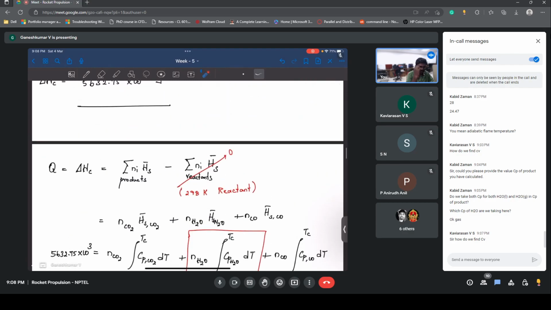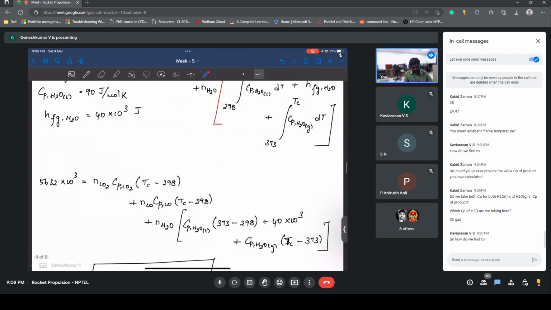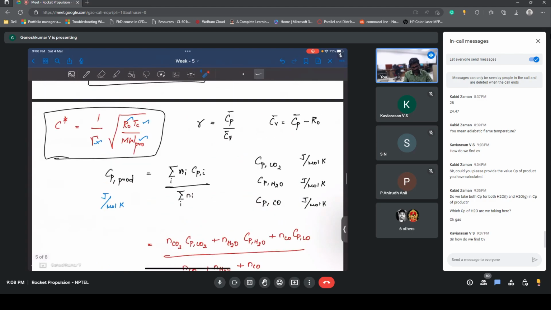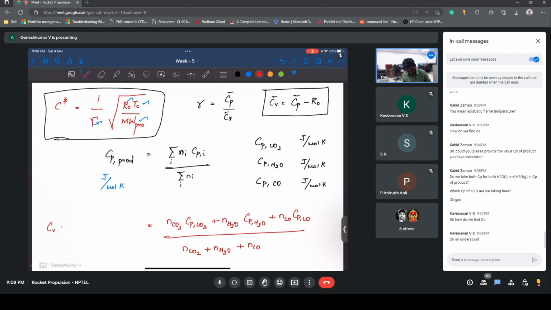And there's one more question. How do we find Cv? Okay, once you know Cp, Cv is nothing but Cp minus R naught, where R naught is the universal gas constant.